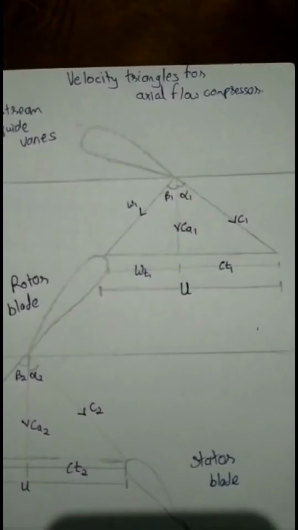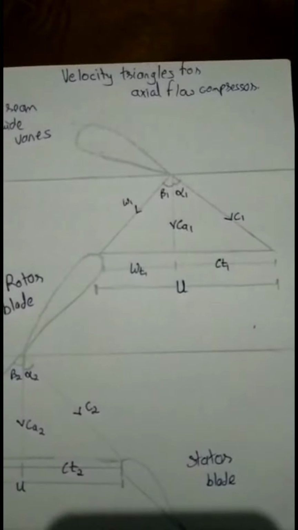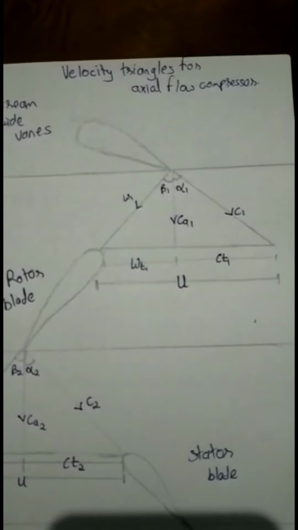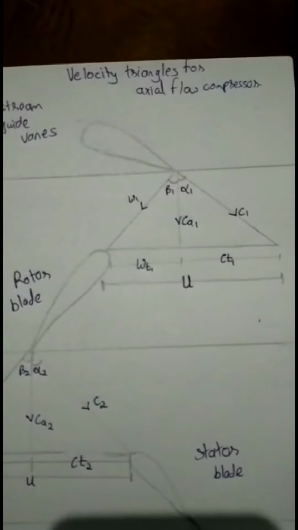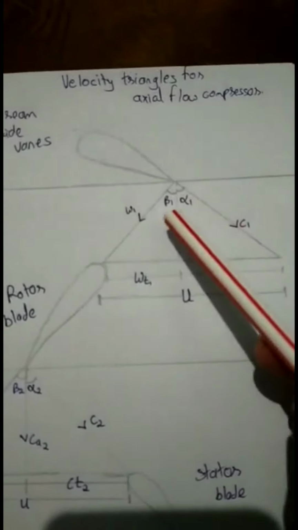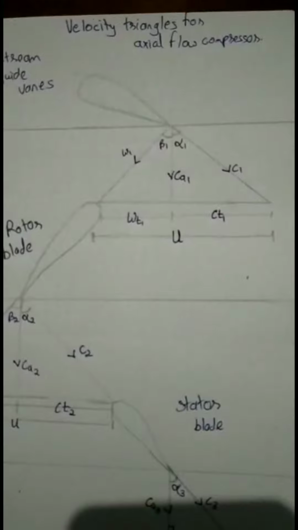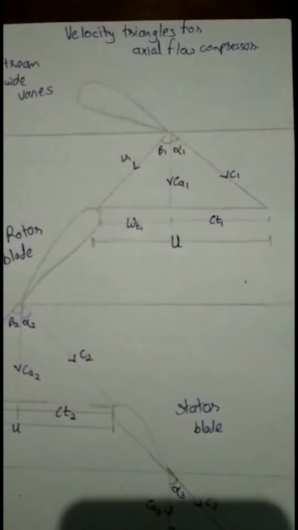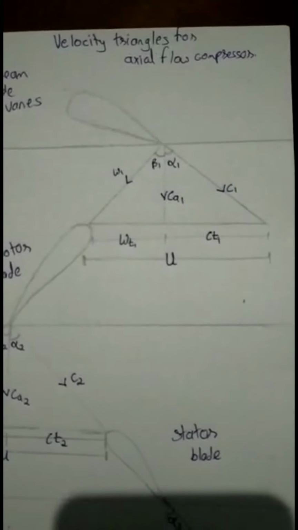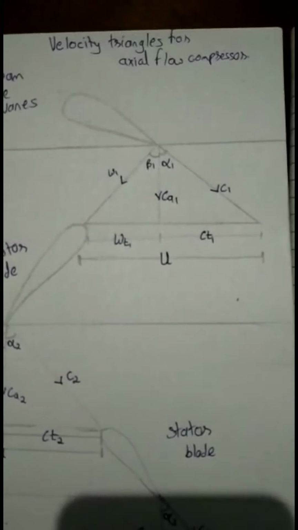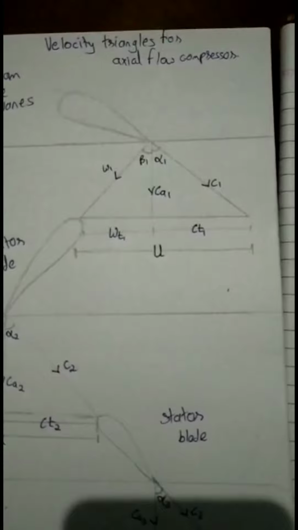Now in order to get the physical meaning and for certain calculations, here we are denoting certain angles, which are denoted as alpha 1 and beta 1. These angles are made with respect to the axial direction, not the horizontal direction, because we know that this is an axial compressor.